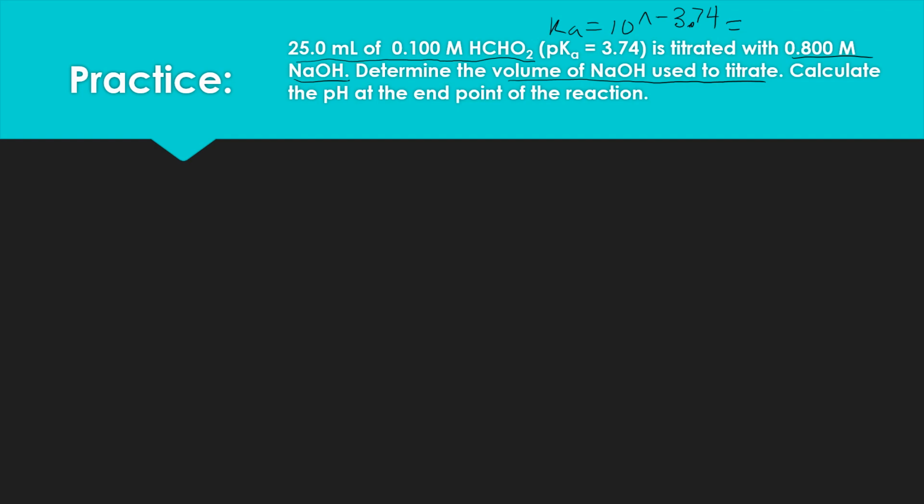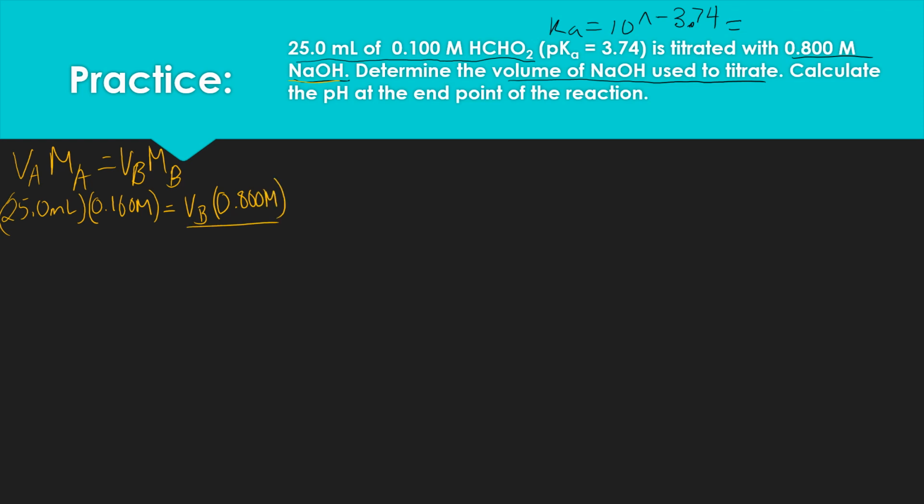So that's when we want to do volume times molarity of our acid equals volume times molarity of our base. Sodium hydroxide has that OH, so that's going to be our base. So we plug in our acid: 25.0 milliliters times 0.1 molar equals volume of our base times the molarity of our base, 0.8 molar.